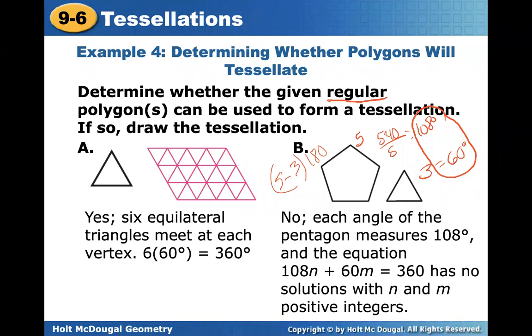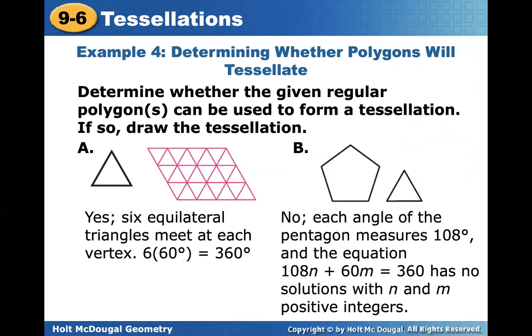Or 5 minus 2. Ugh, what am I doing here? So 5 minus 2 times 180, sorry. So it'd be 3 times 180, which is 540 degrees divided by 5. So we can't do anything with those to add them up to get a nice 360 vertex like we can in the first one there.